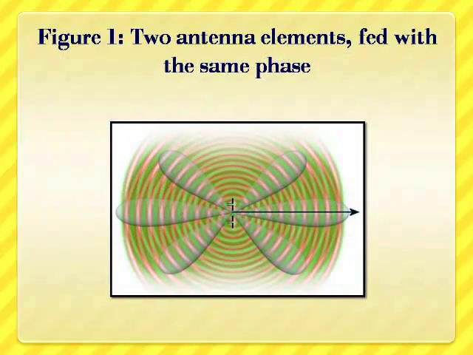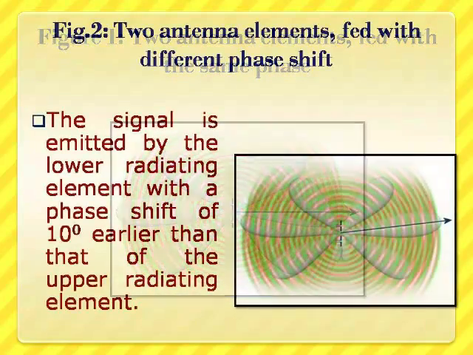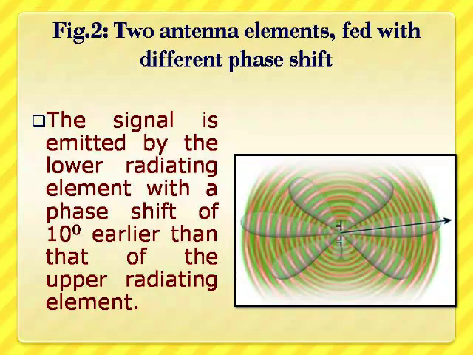Before we go into the details of this, let us try to understand why there will be a shift in the beam position if there is any phase shift between two successive elements. The figure here shows that if the two elements are fed with the same phase, then the beam pointing direction will be perpendicular to the axis of these two elements, and other beams will be located similar to this.